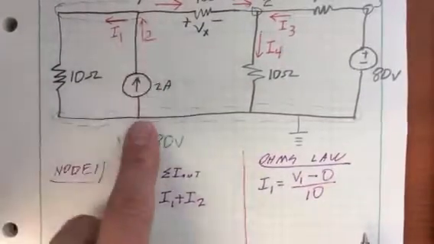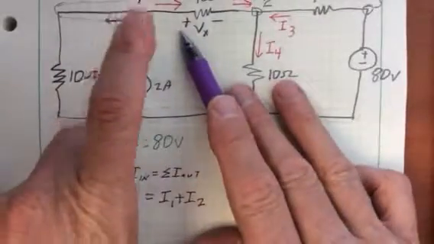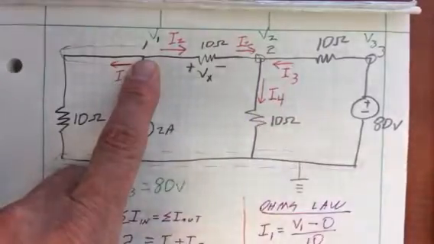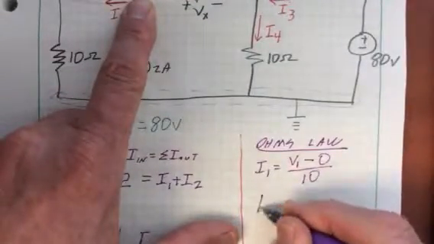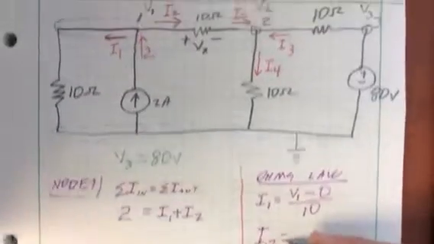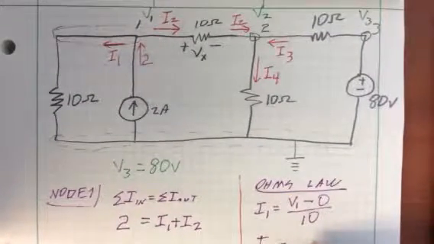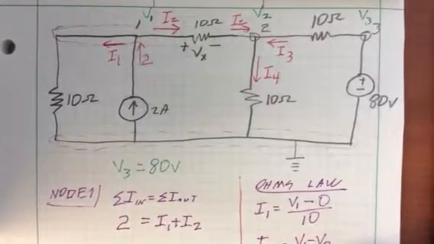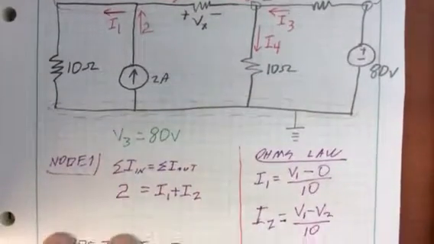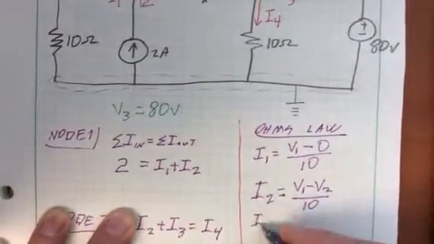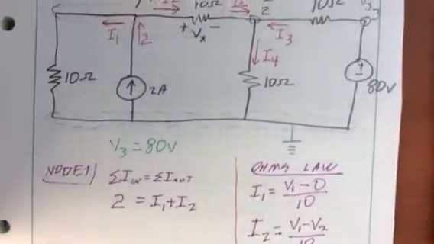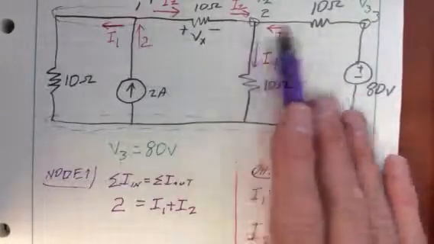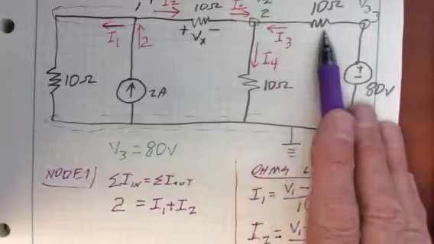I2 is this voltage on the left minus the voltage on the right, divided by the resistance. So V1 minus V2 over 10. For I3, if the current is flowing from right to left, it must be this voltage minus that voltage over the resistance.